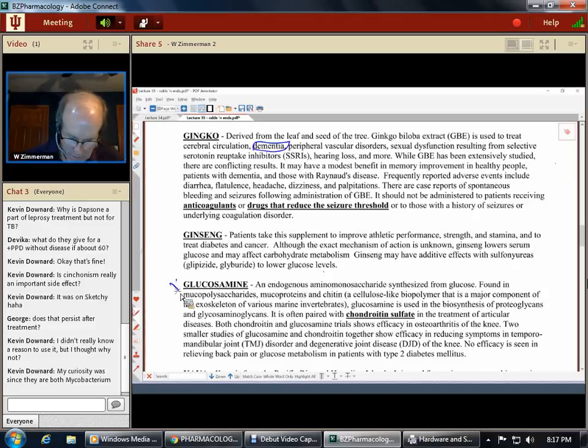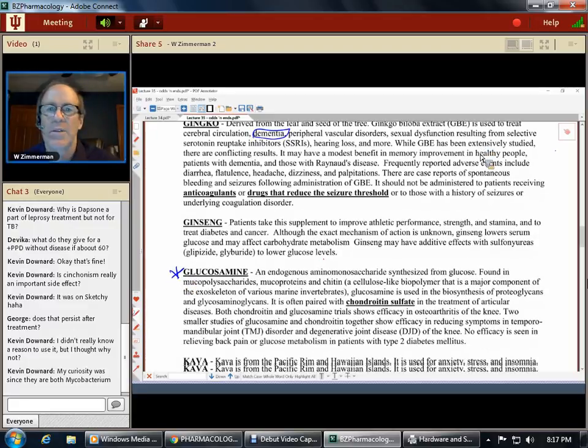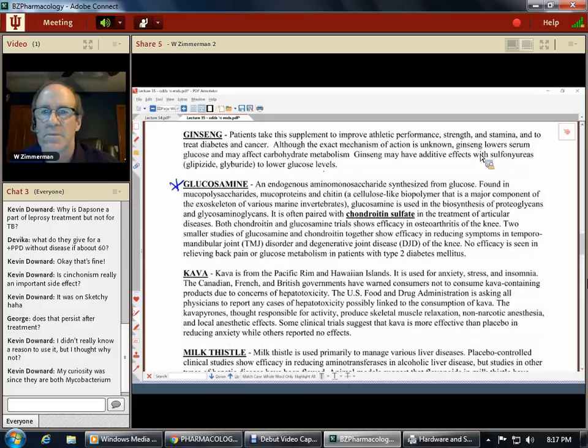glucosamine and... This is an endogenous monosaccharide synthesized from glucose, found in mucopolysaccharide, blah, blah, blah. It's often paired with chondroitin in the treatment of articular diseases, arthritis and so on, osteoarthritis, which is wear and tear.